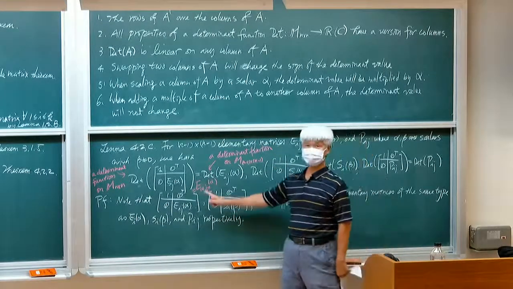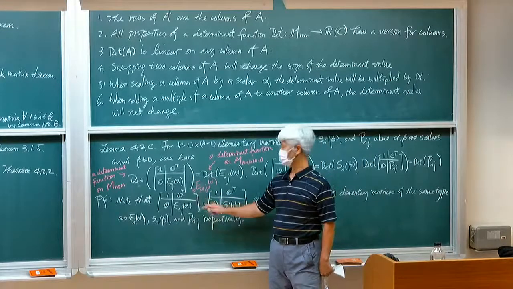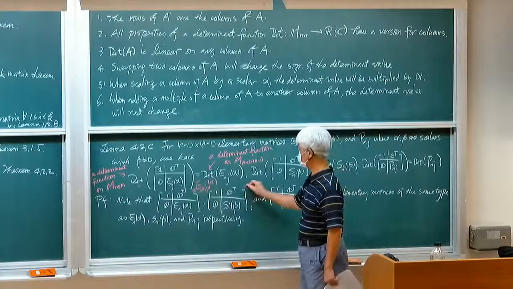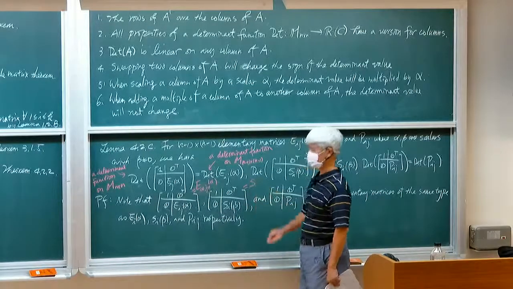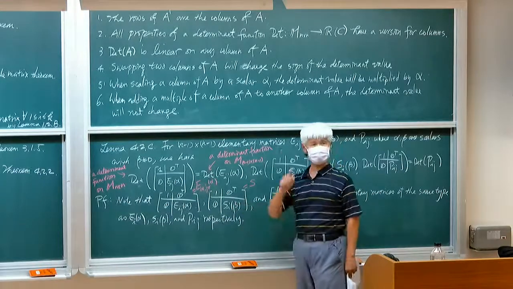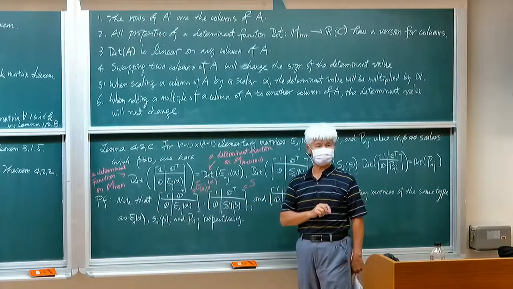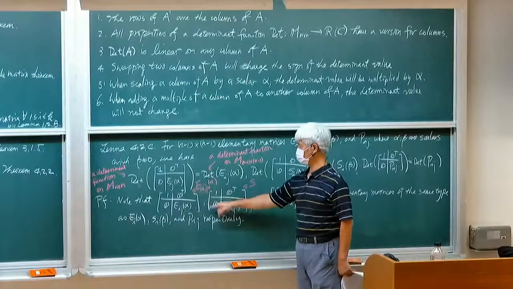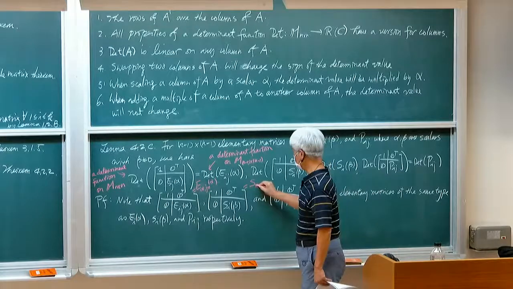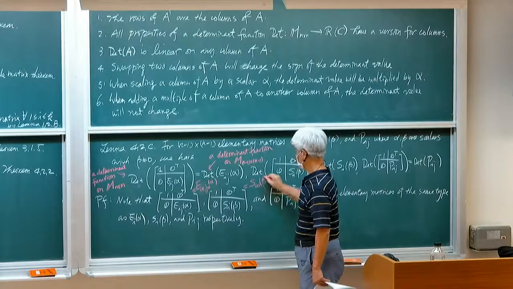Is that clear? And how about this one? This is the same type, so what is that? Which row has been multiplied by a scalar beta? Which row? In this bigger matrix it is the (i+1)th row. Okay.